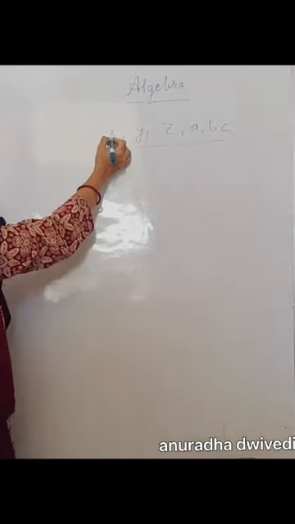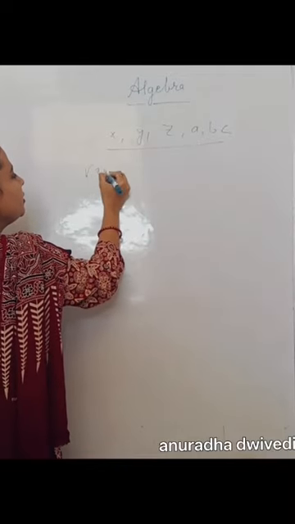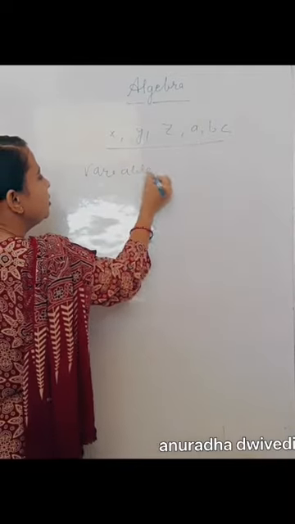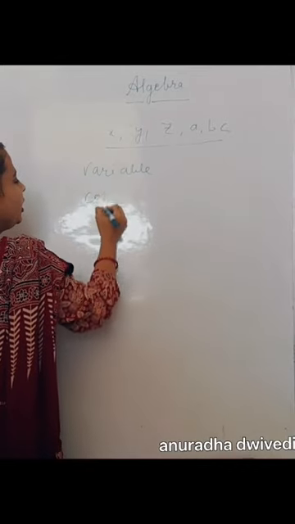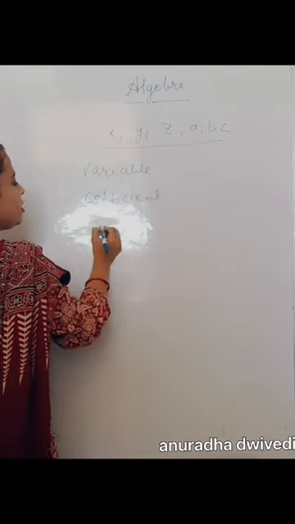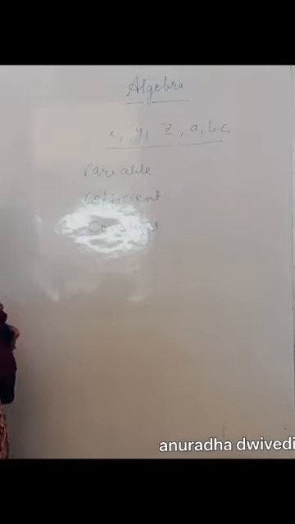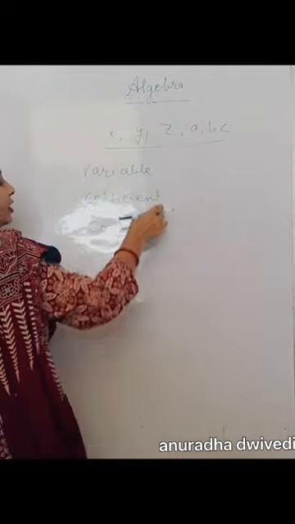Now we are discussing the variable, coefficient and constant. There is one equation we are combining. These are three examples.